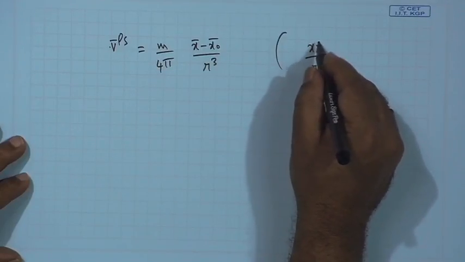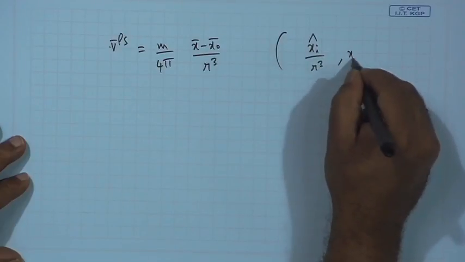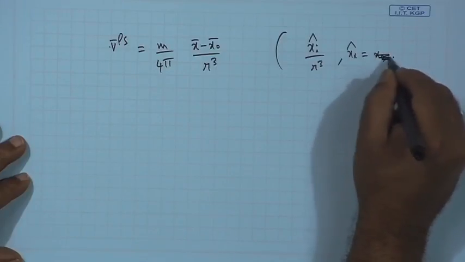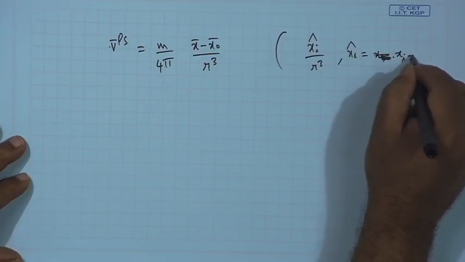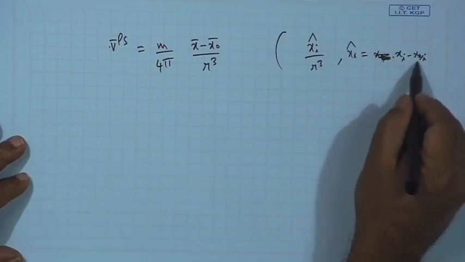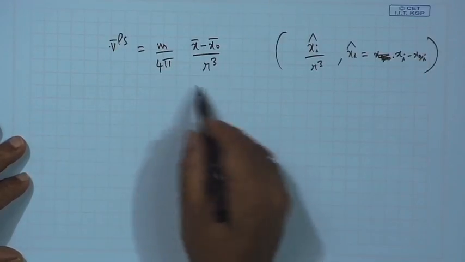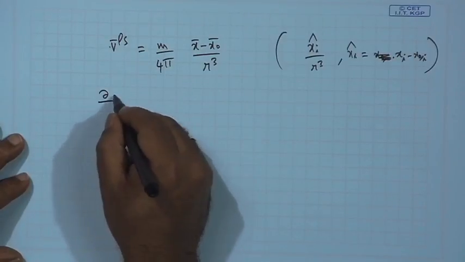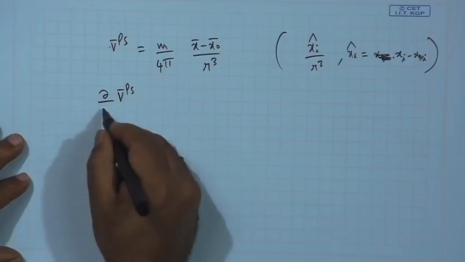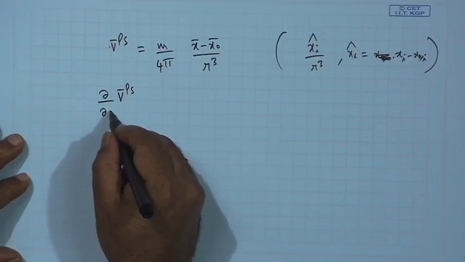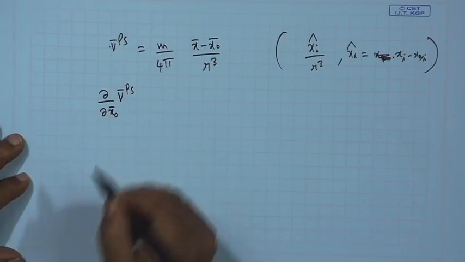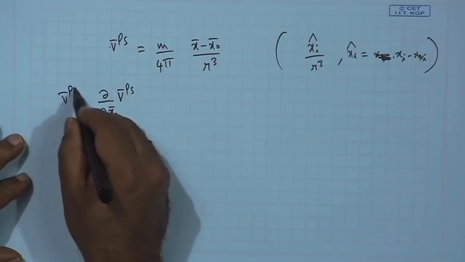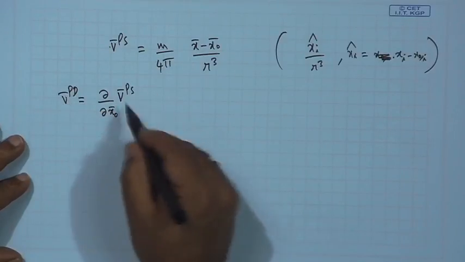So, here x_i is x_i minus x naught_i, that is, these are the coordinates with respect to the singularity. Okay. So, now we are talking about derivative of this with respect to the coordinates. So, then this is called potential dipole.